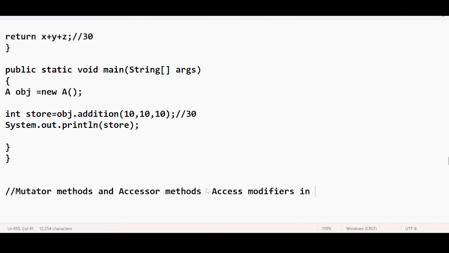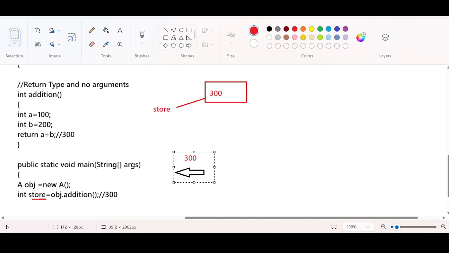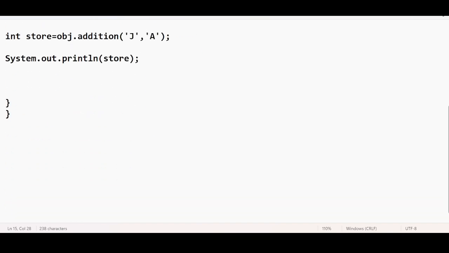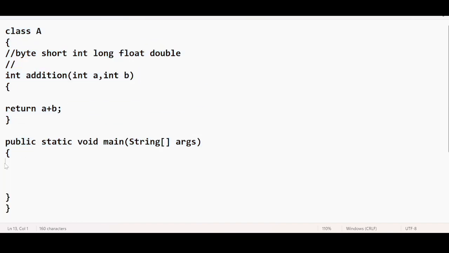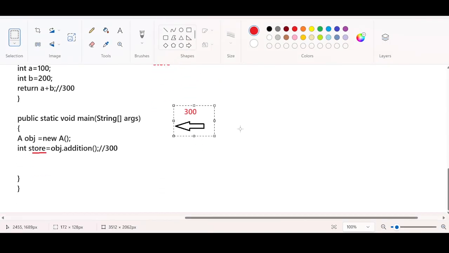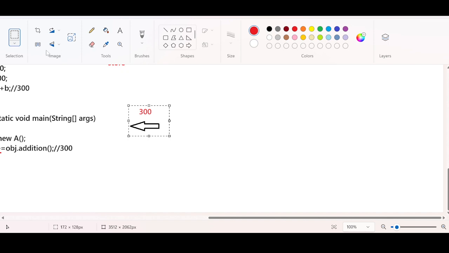Access modifiers in Java. Before closing today's class, let me introduce one thing. When I have a class A, just remember this, tomorrow we are going to discuss it. So this is my class A. I was telling you the compiler is going to do some add-ons.